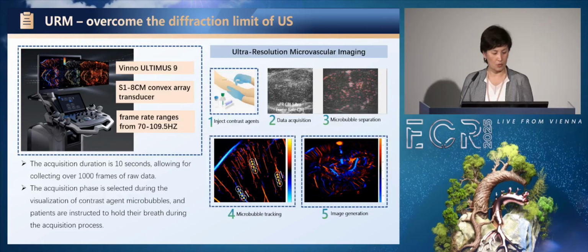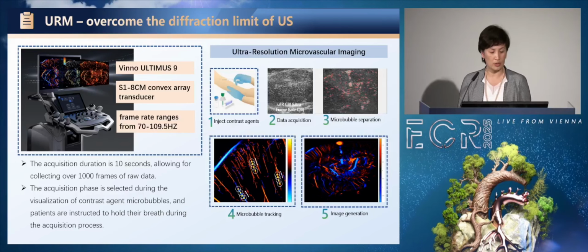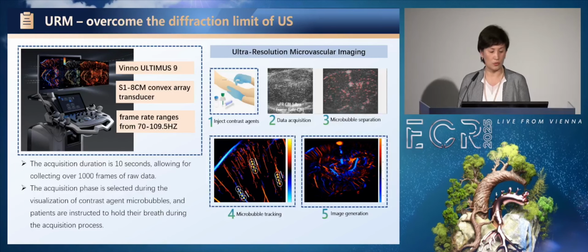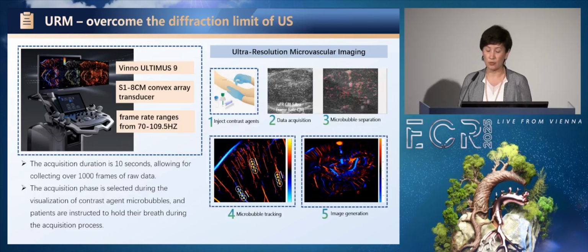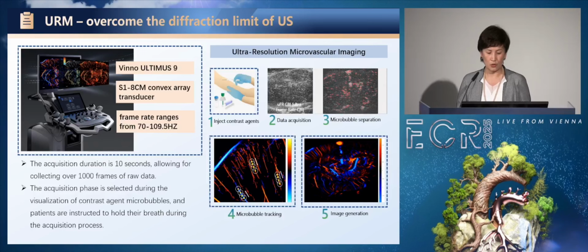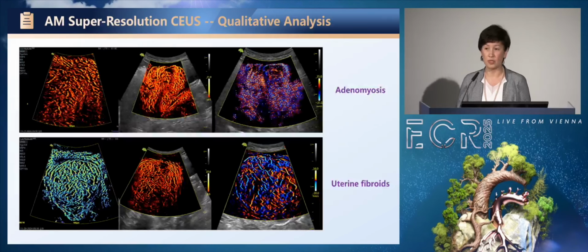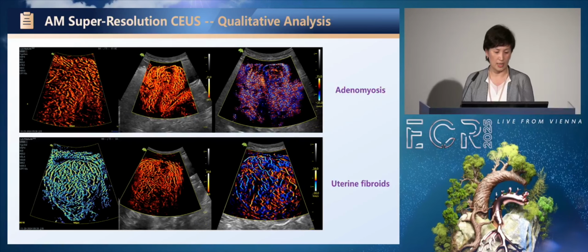During the process, we ask the patient to hold their breath for about 10 seconds during the CEUS display and record the data. After that, we use microbubble separation and tracing of the bubbles to generate the image to see how the lesion is displayed.